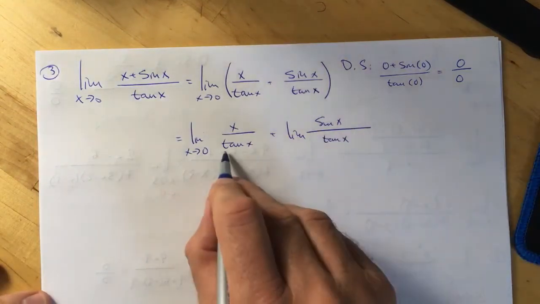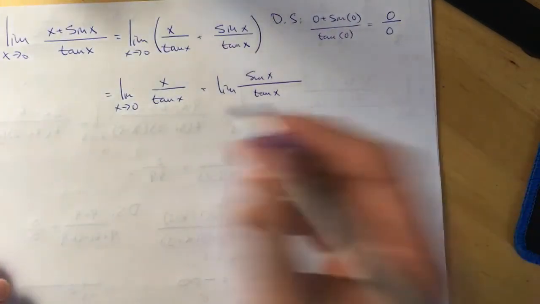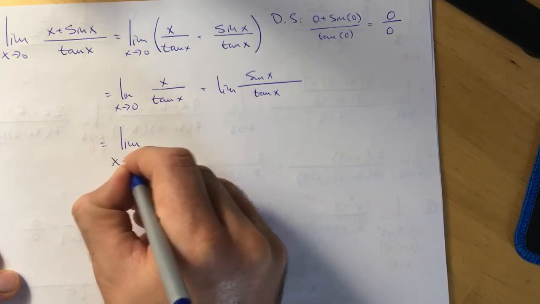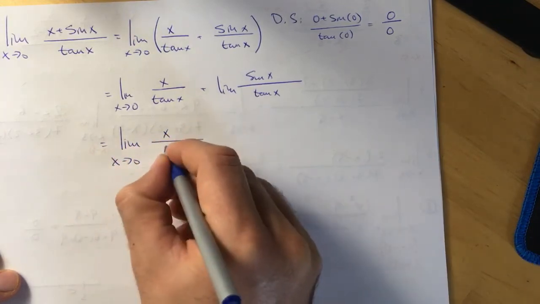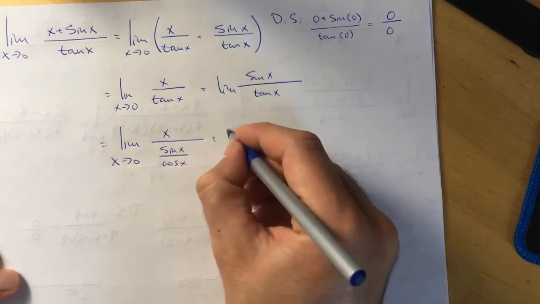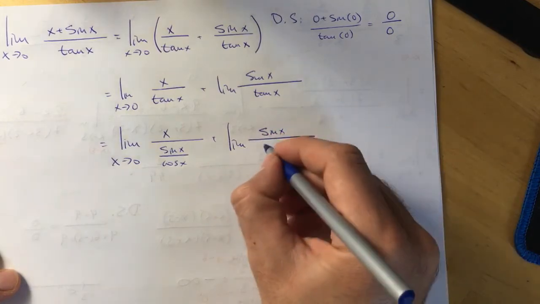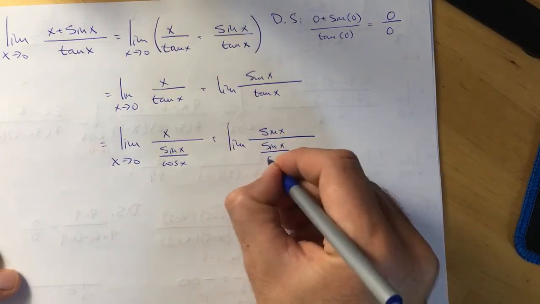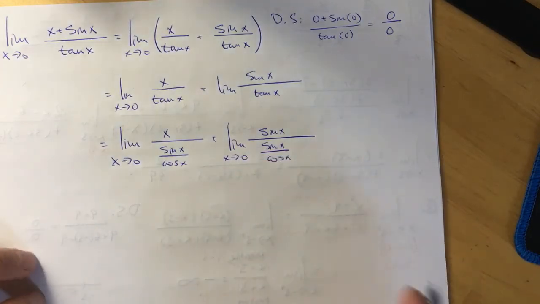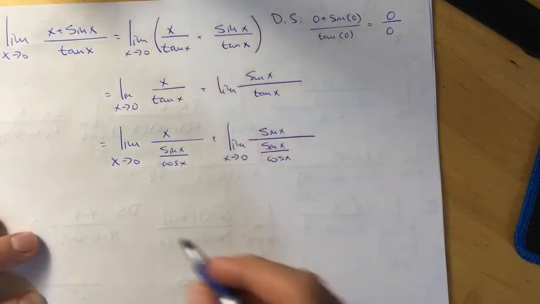Now I'm going to express tangent of x as sine of x over cosine of x. You guys know that already. Then I'm going to deal with this fraction of fraction, division of fractions.